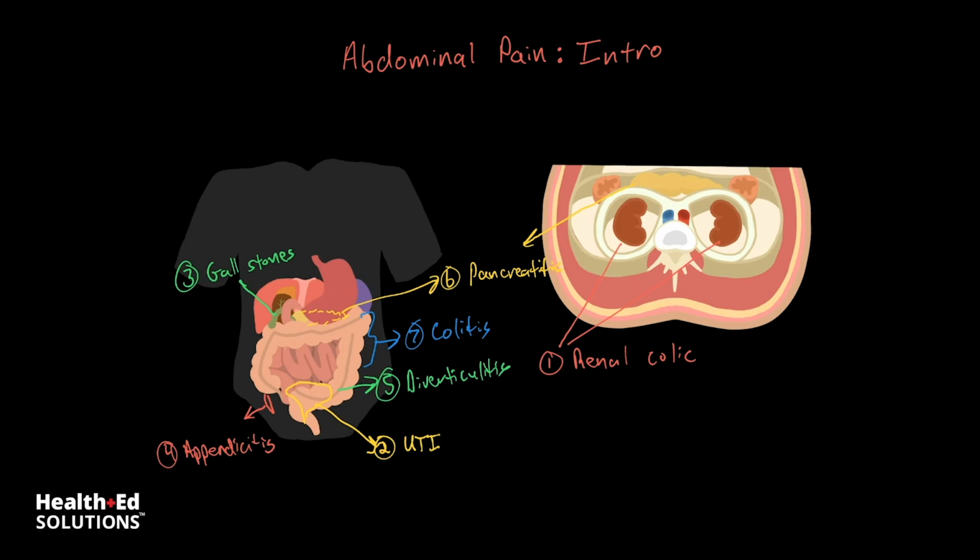Appendicitis is, and actually appendicitis is worth mentioning because, of all of the do-not-miss diagnoses, it is the one that is most often missed. So I want to emphasize with appendicitis, it's very important to keep the differential in mind. It can look very different because the tip of the appendix can vary in location.